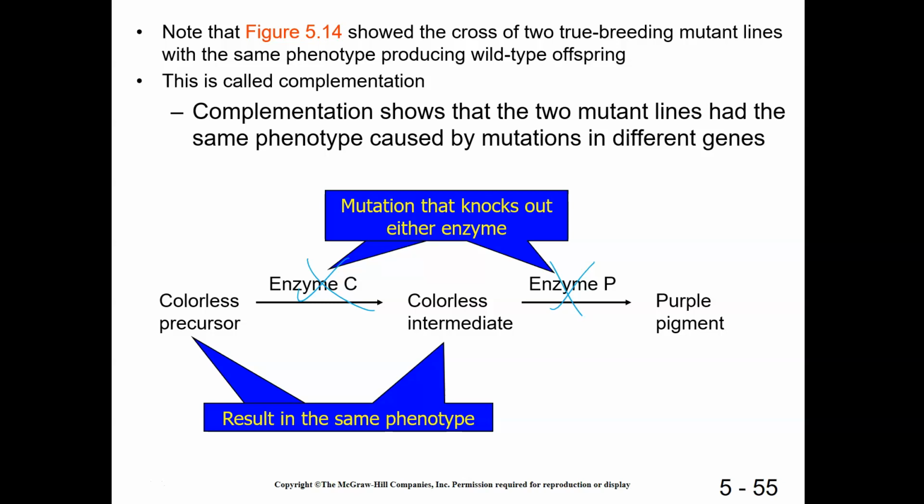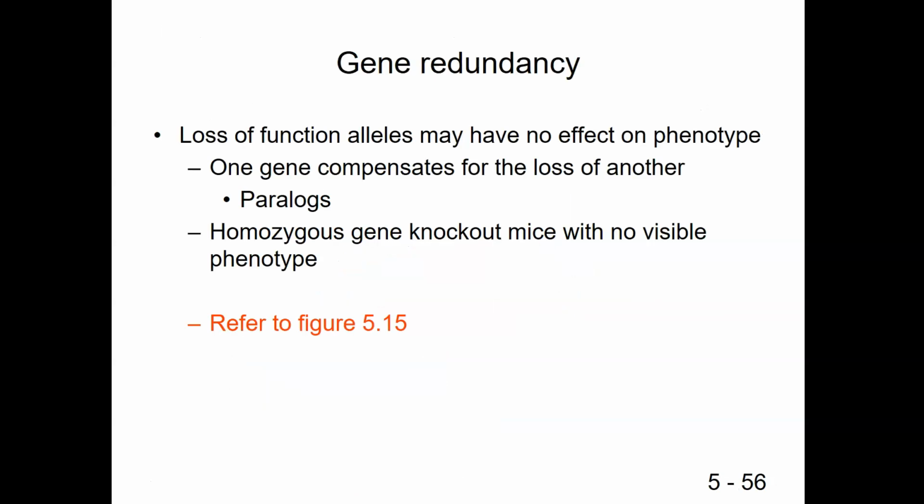And so what Mendel might have been working with was a situation like complementation. Gene redundancy is where you lose the function of an allele that may or may not have a phenotype. I mean, one gene compensates for the other. We call these paralogs, not homologous, but paralogous genes.